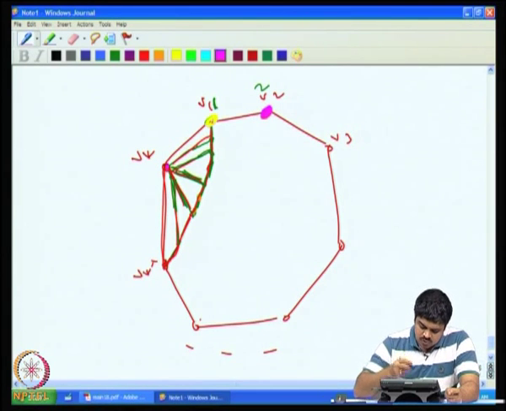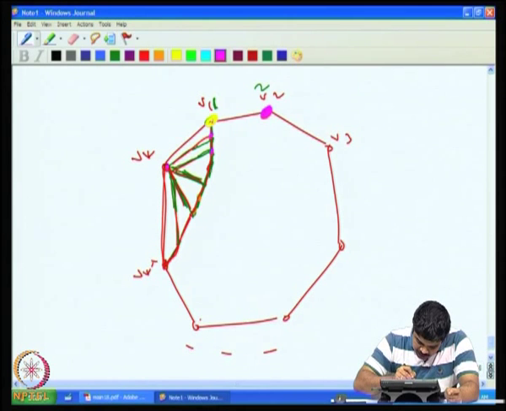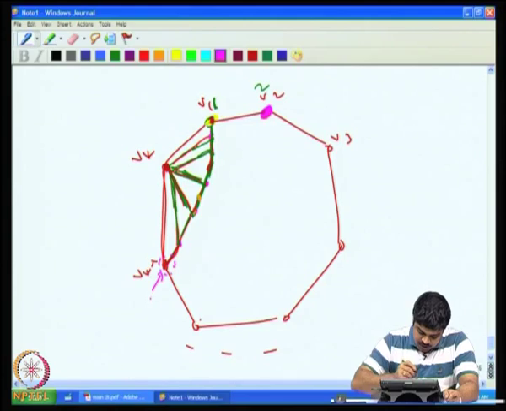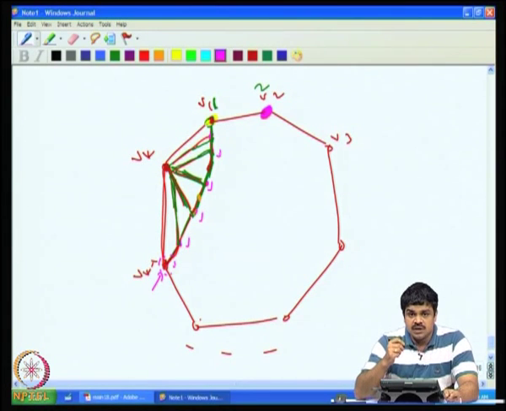Those 2 colors I will remove from each of these neighbors, except here. Here I will retain them, because Vk minus 1 has only 3 colors, and we cannot get rid of 2 colors from that, because the number of colors will go down. So the Vk we will not disturb, but all these internal vertices had 5 colors in them, therefore we can get rid of 2 colors from that.